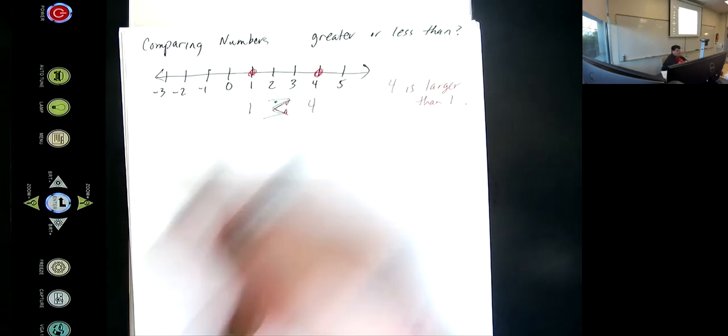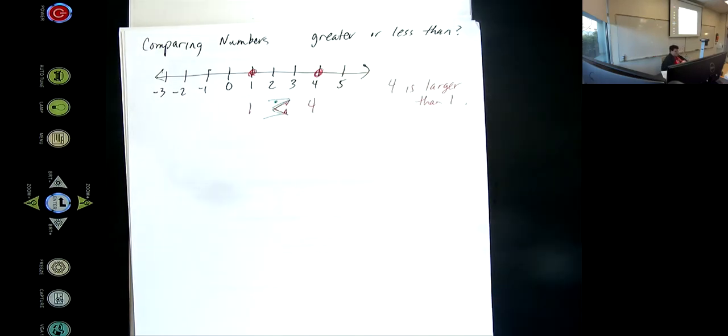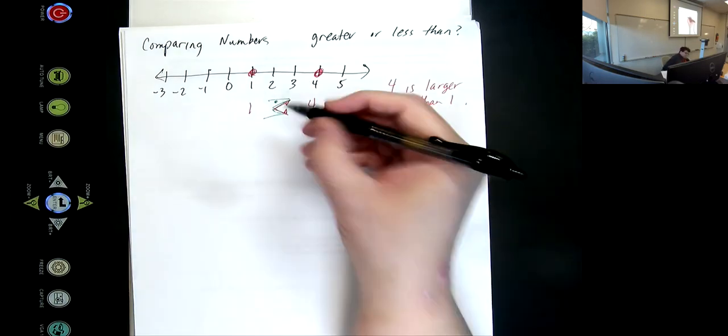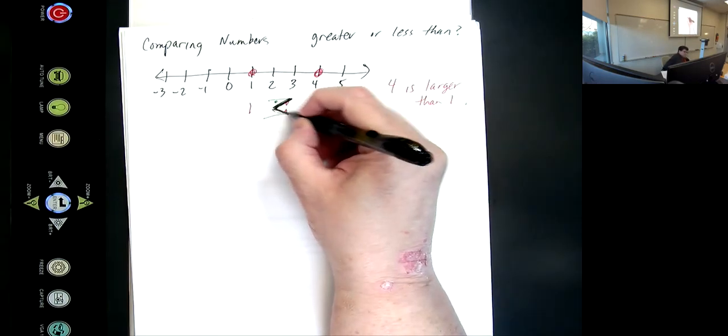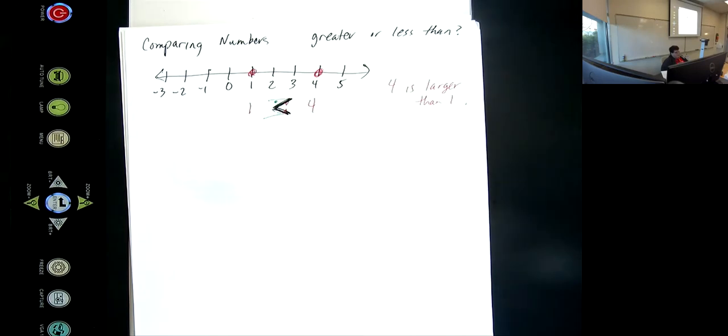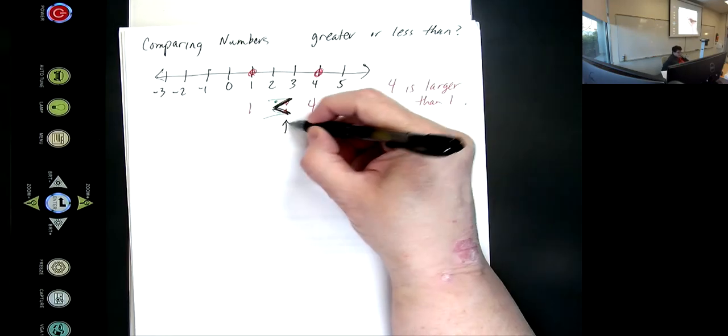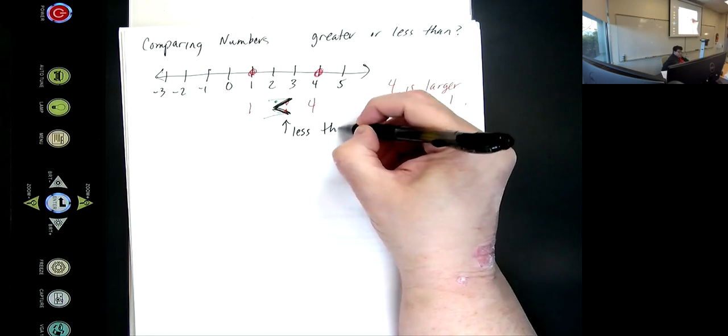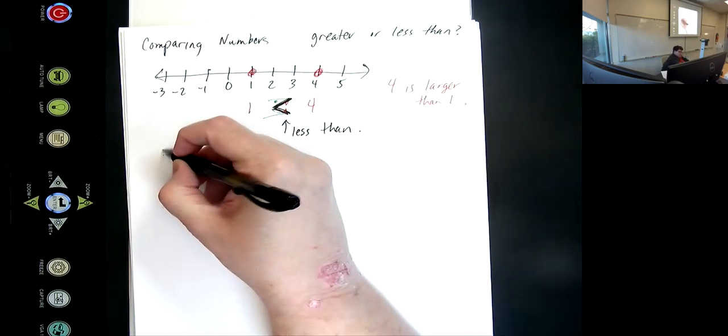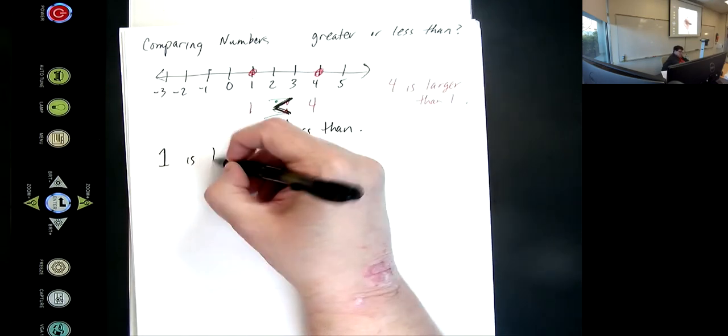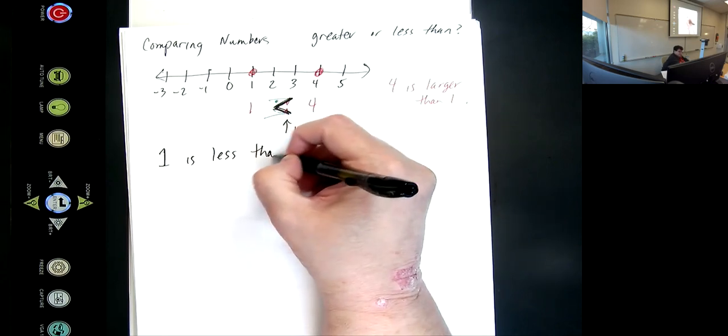Let's put a crocodile face on it. The point is, it likes to eat the bigger meal. So it goes for the bigger number. The way this is read, this symbol means less than. So 1 is less than 4.